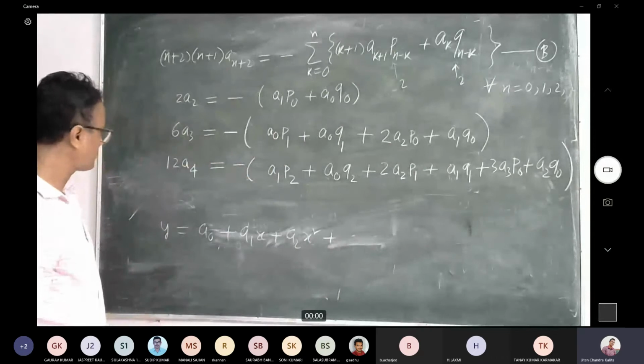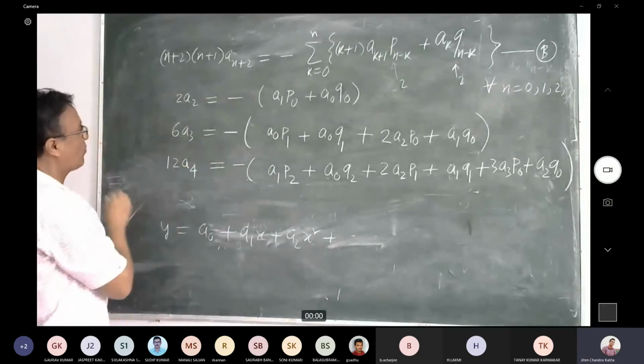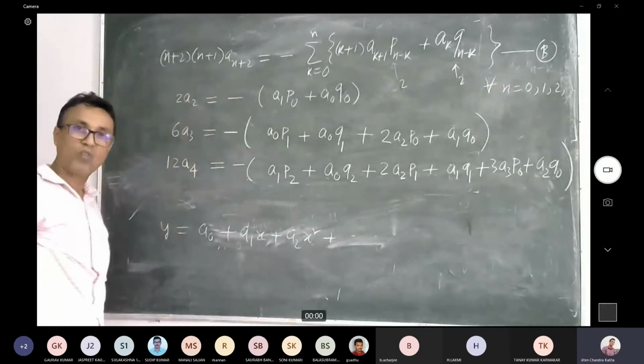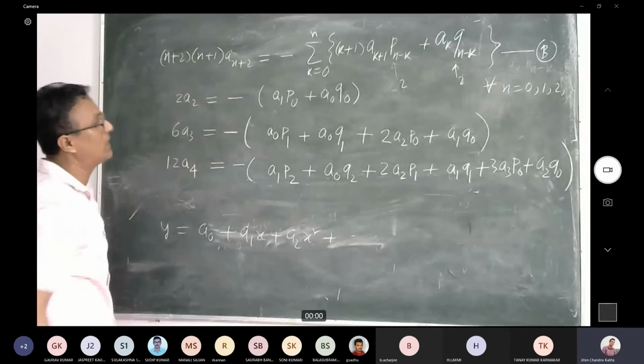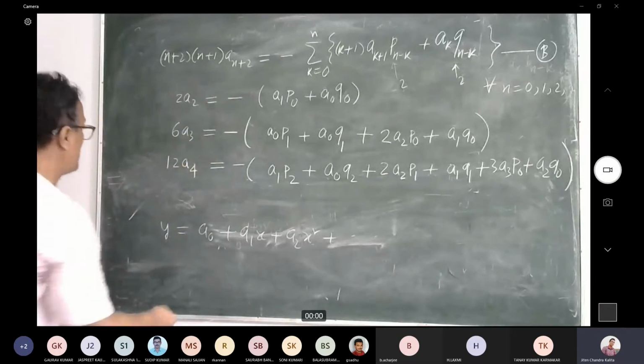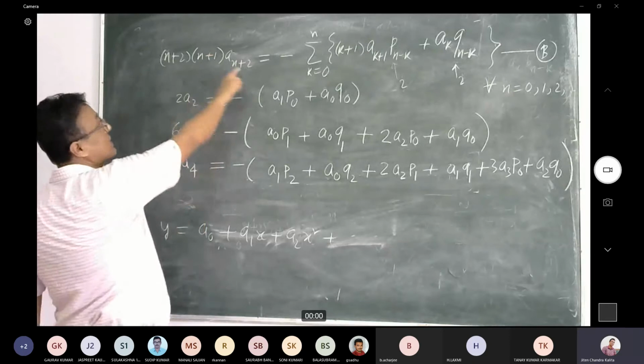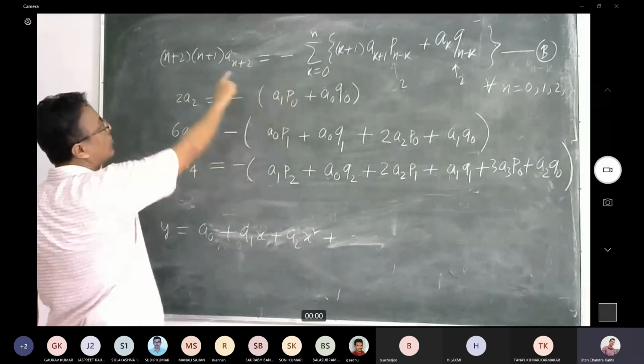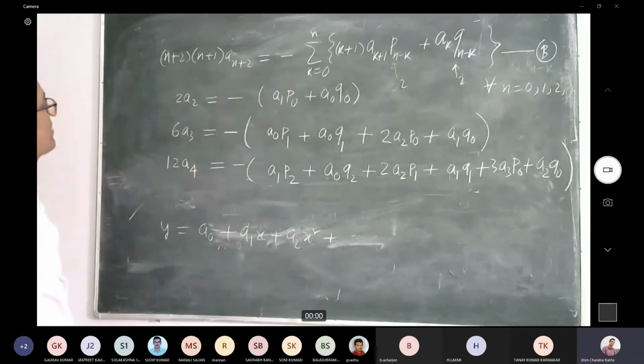So now, obviously, through the recurrence formula, in the very first one, like say you have A2 in terms of your A1 and A0, right?